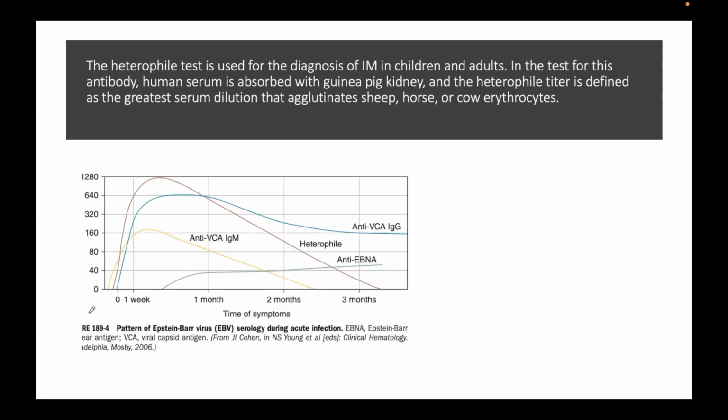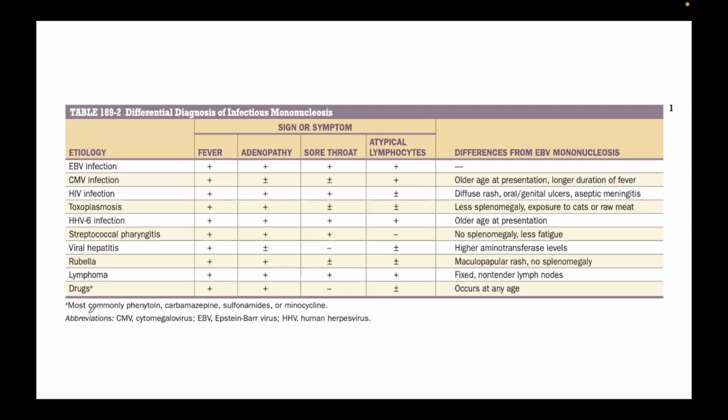So lastly, we have here the differential diagnosis of infectious mononucleosis. Very important: Epstein Barr, CMV, HIV, toxoplasmosis, HHV6, streptococcal pharyngitis, rubella, lymphoma, and even drugs.